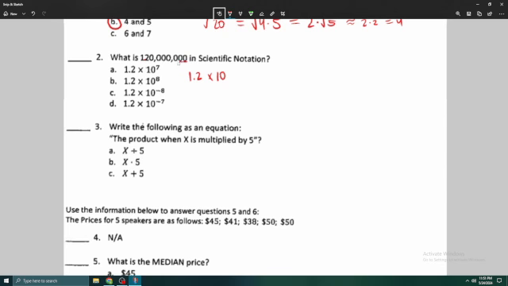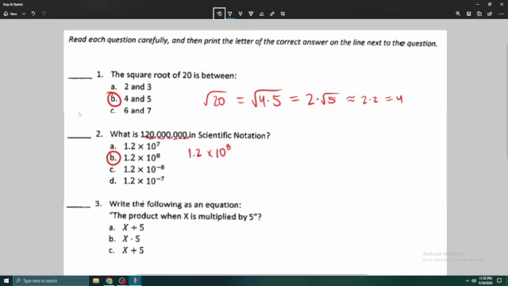So we have 1, 2, 3, 4, 5, 6, 7, and then we actually move the decimal right there, so 8. So that decimal is 8 places away from where it would normally be at the end of the number. So 1.2 times 10 to the 8 power. So it should be B. This one's B as well.